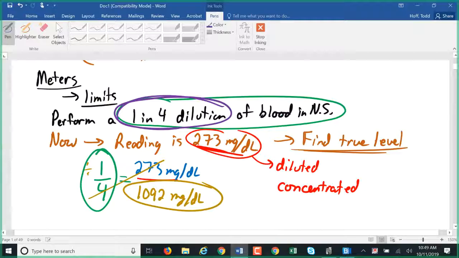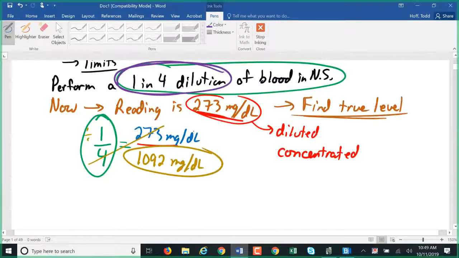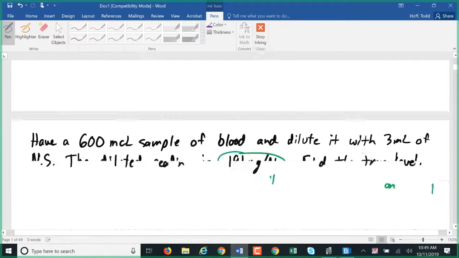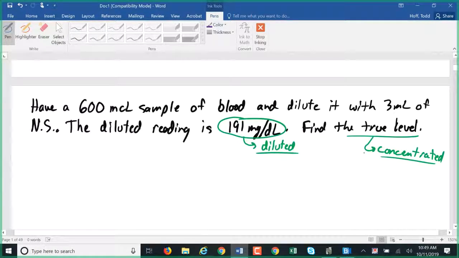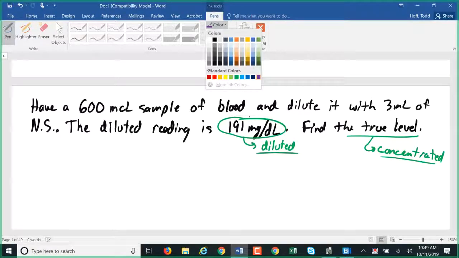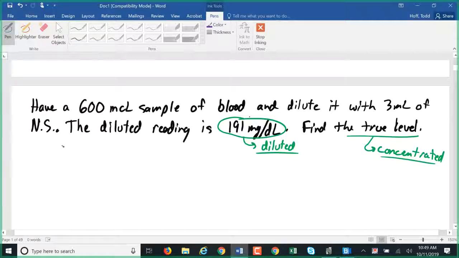Dilution created. So the dilution ratio is what tells us the ratio between the diluted reading and the concentrated reading. So down here we need to find the dilution ratio. The dilution ratio, remember, is serum over total.